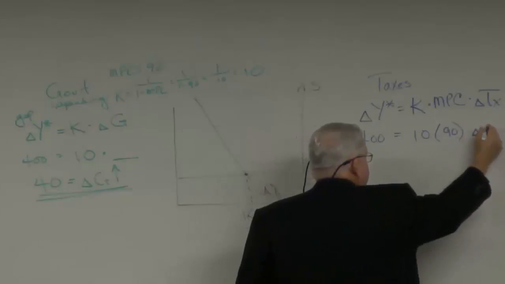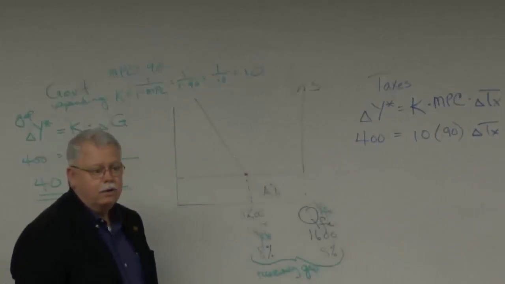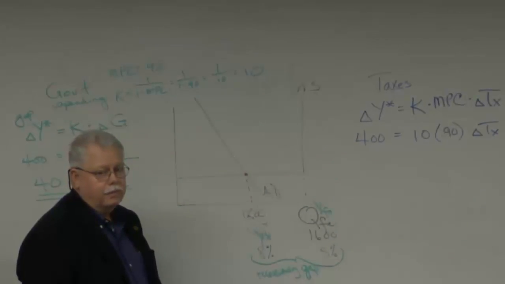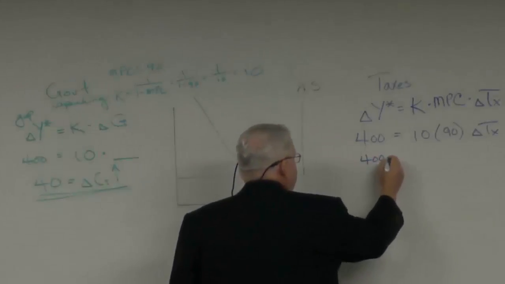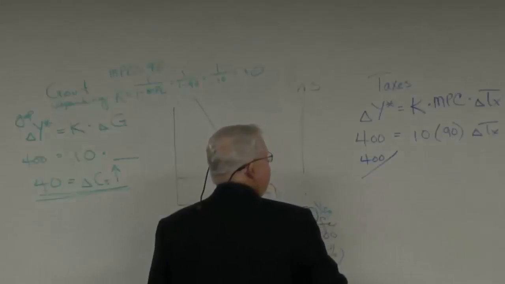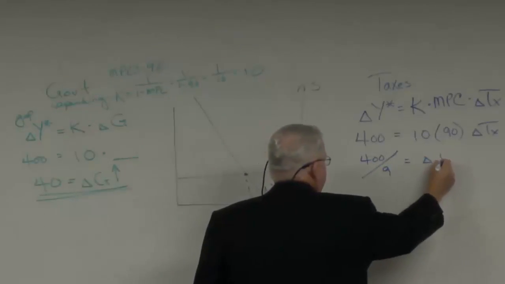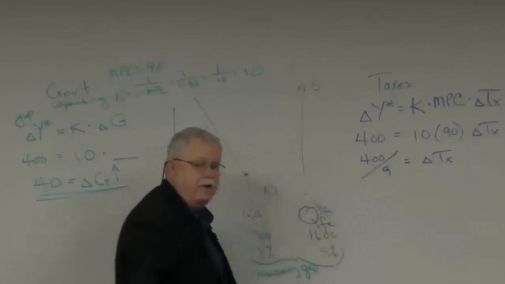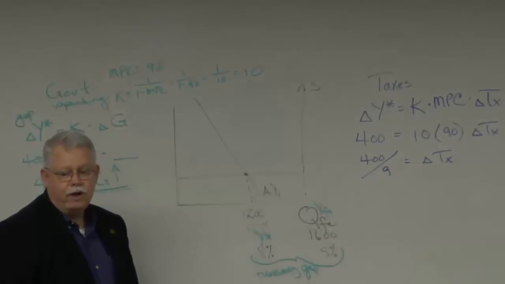And now solve for delta TX, the change in taxes that we need. When you do that, you get 40 divided by 9 is the change in taxes. You okay with that? Everybody following me on that? So what's 40 divided by 9?